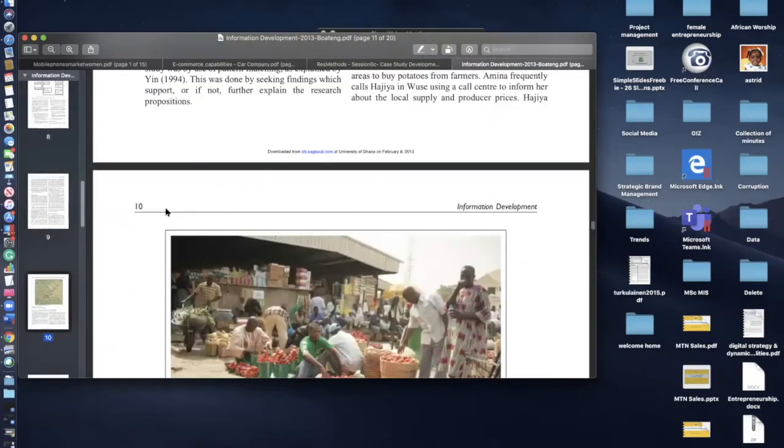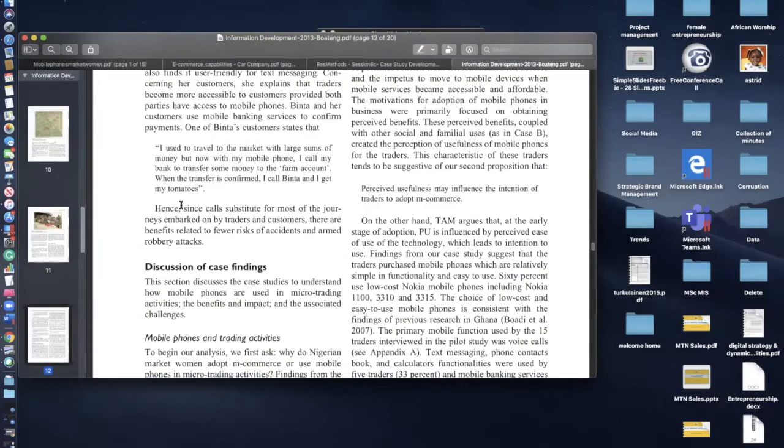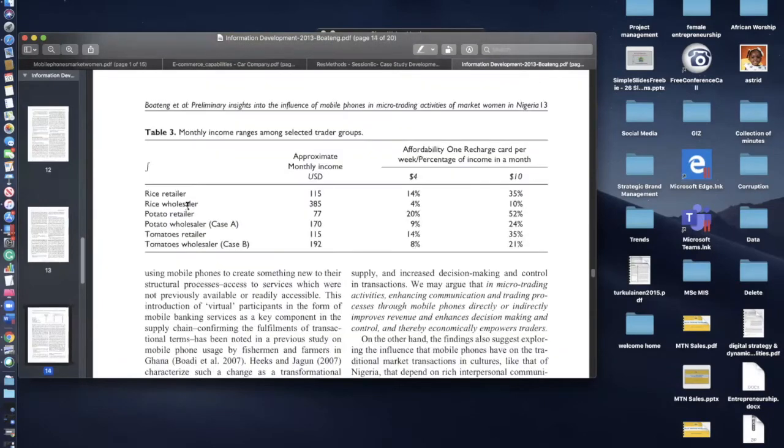So you go here. Okay. Another one I can show you has to do with, look at this: monthly income ranges among selected trader groups. So for the potato retailer, her monthly income is $77.